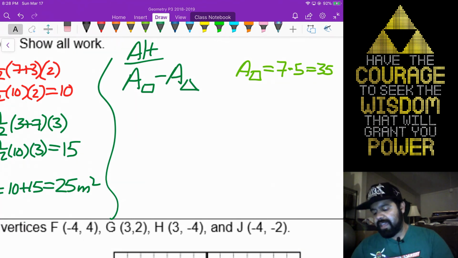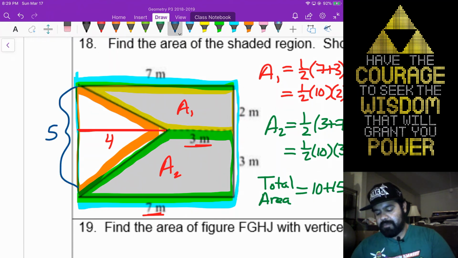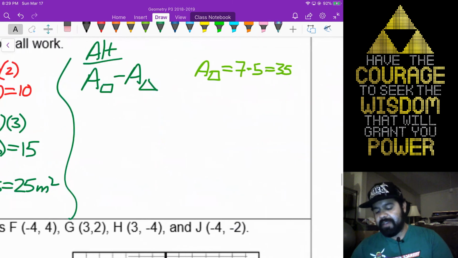And then our triangle, you'll notice that the height of your triangle goes this way. So if our total length was 7 and part of the length is 3, that means the remaining part is 4. So 1/2 of your base, which again your base is right here, and the height is 4. So 1/2, 5 times 4.